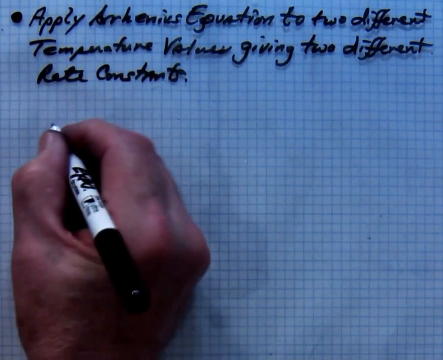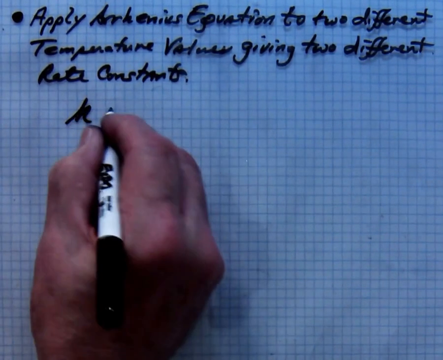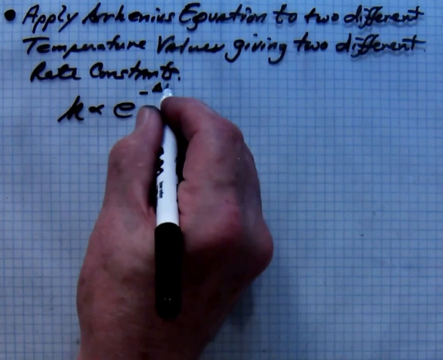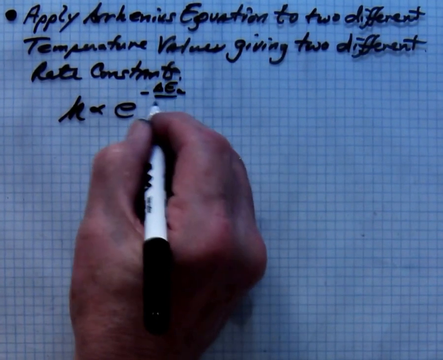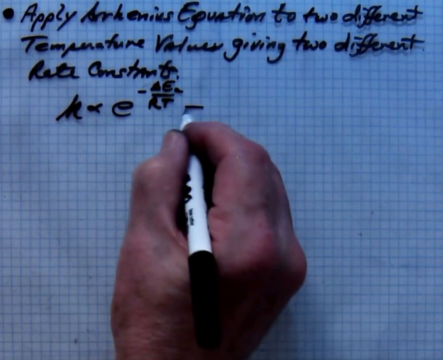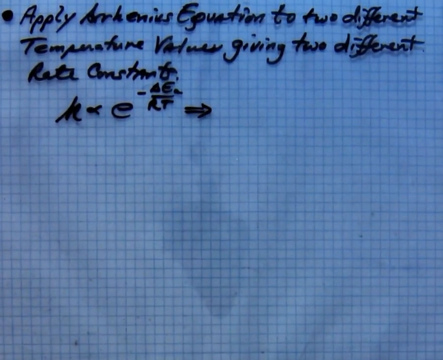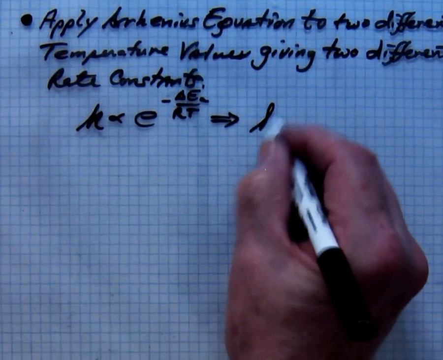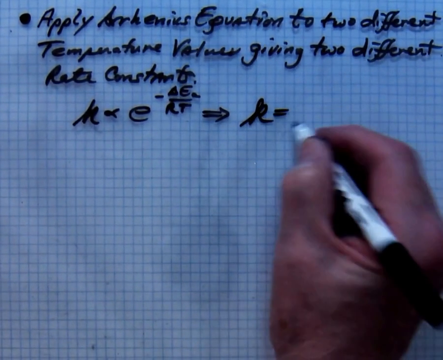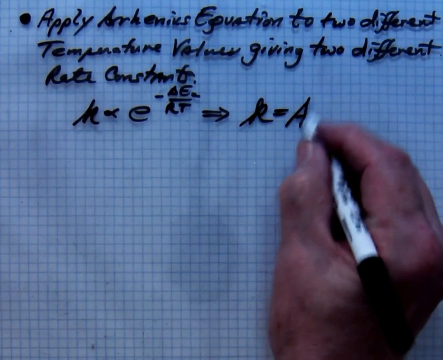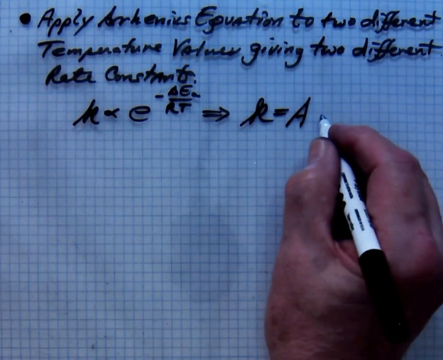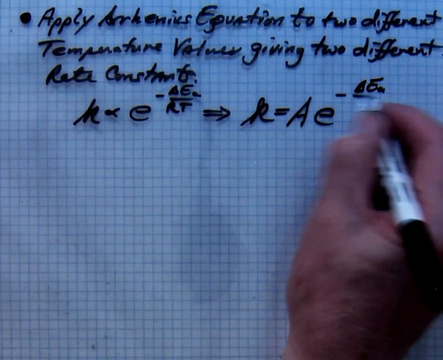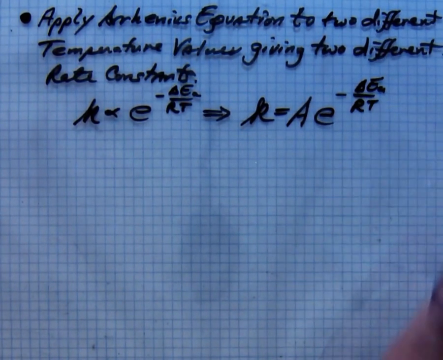So given the Arrhenius expression K proportional to e to the minus delta E sub A over RT, this can be illustrated as an equation by inserting a proportionality constant, giving us this expression, capital A as a proportionality constant, e to the minus delta E sub A over RT.